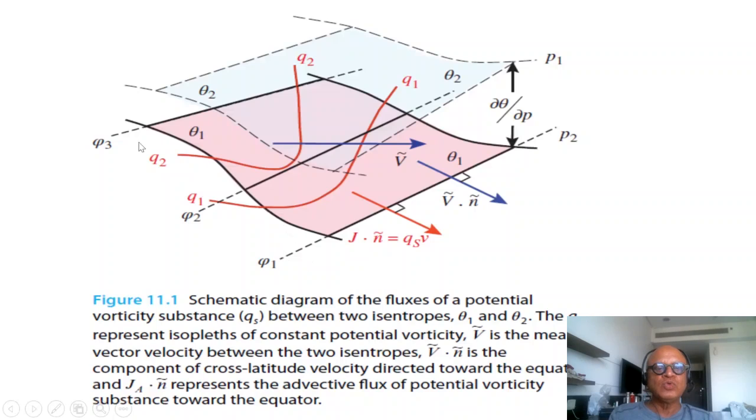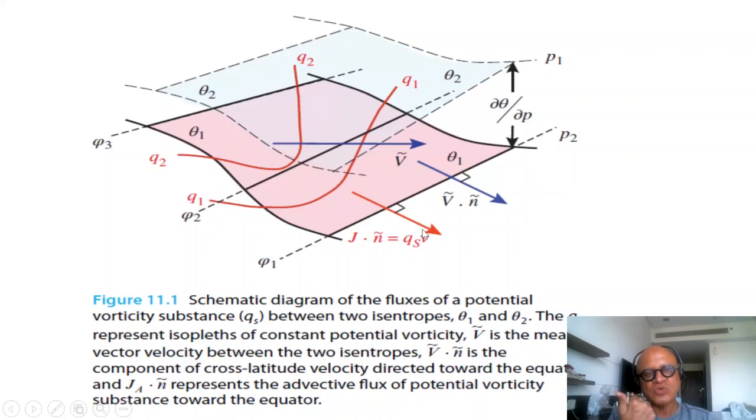And you have the latitudinal direction and the longitudinal direction, with the flow field V tilde on the layer between two isentropes. These are the isentropic isoplates Q1 and Q2. And there is a flux QSV with unit vector n tilde, which is perpendicular to latitude lines everywhere.